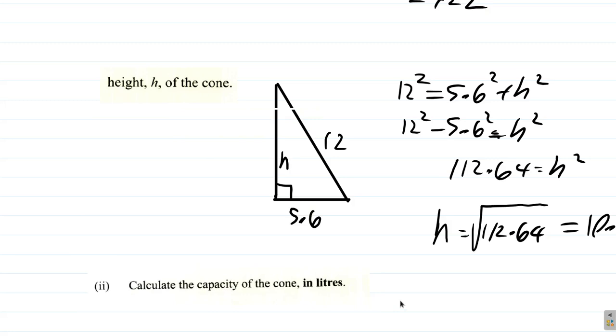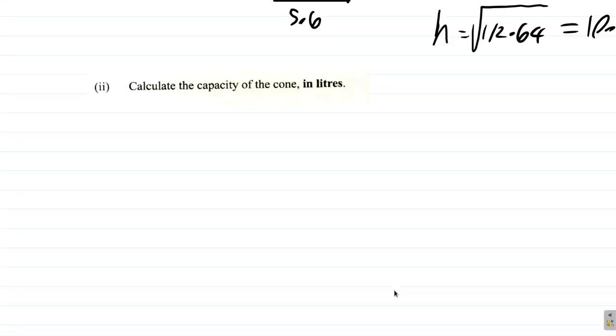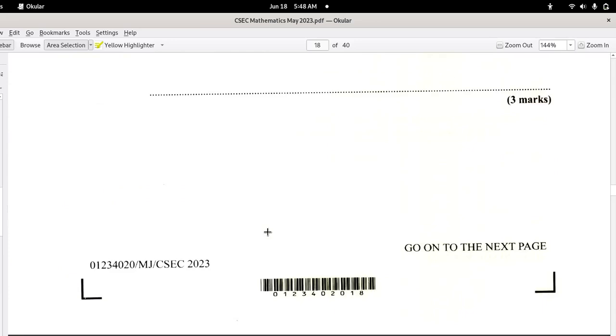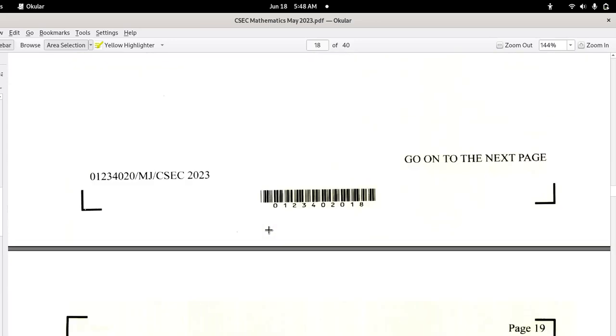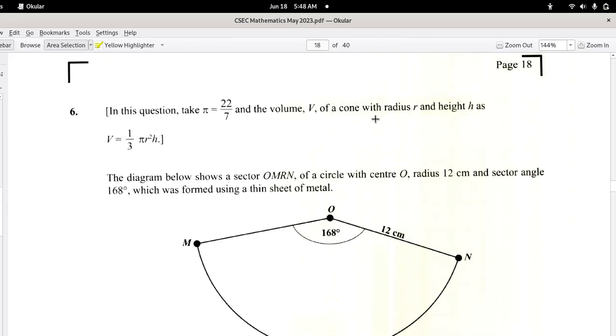What did they say again? Up here, remember what they said, is that the volume of a cone with radius r and height h is 1/3 pi r squared h.